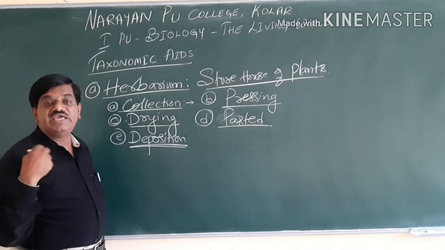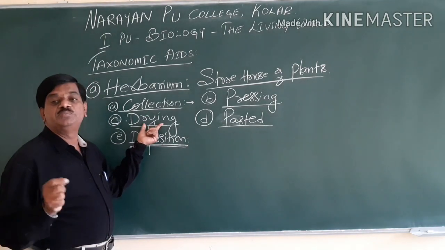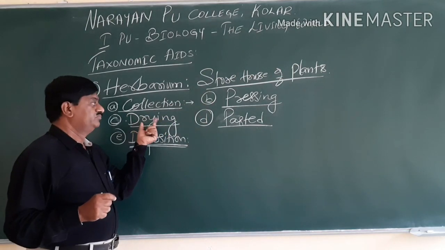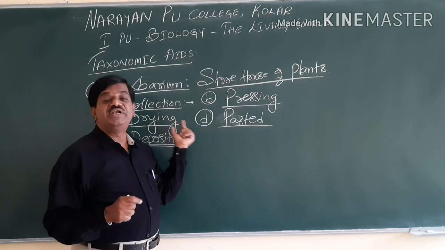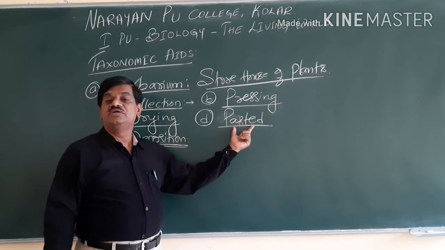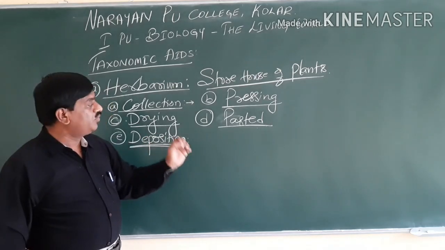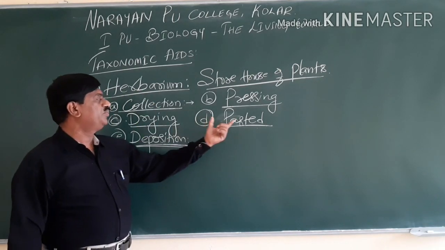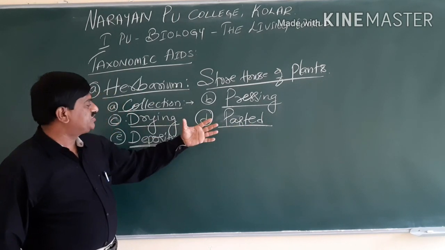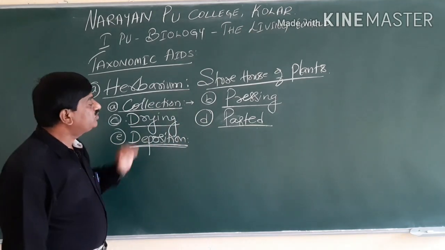So we change the newspapers daily and keep the plant twig in a fresh newspaper. Once the material is dried up, we take a herbarium sheet and mount, stick or paste it on it. After pasting, we deposit this.